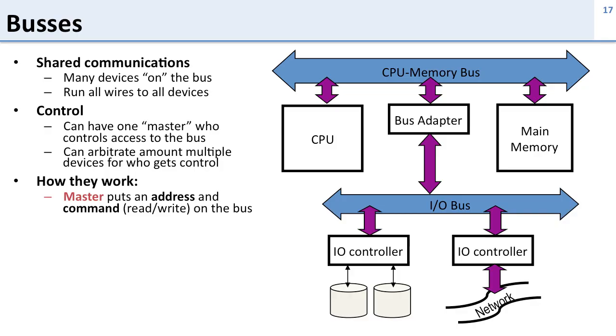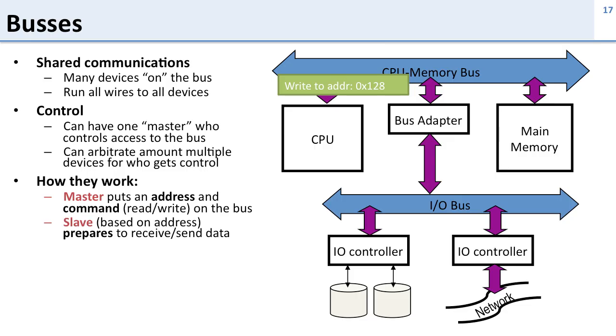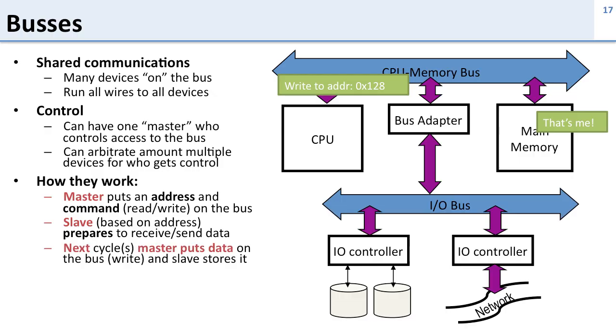Now how does a bus generally work? Whoever's the master puts an address and a command on the bus. So the CPU says, I want to write to address 128. The slave, that is the device that's going to respond to this, receives the address and the command and prepares to get the data if it's doing a write, or send data if it's doing a read. Here the main memory knows that address corresponds to it, so it prepares to receive data.